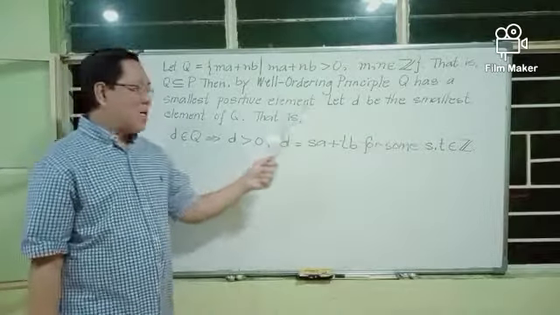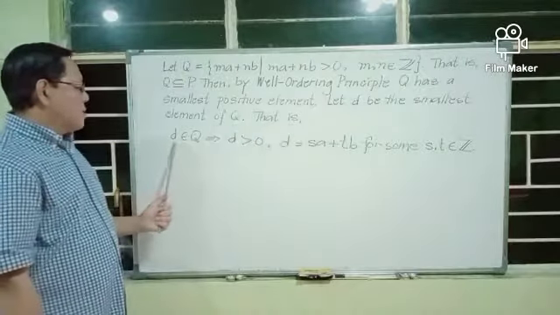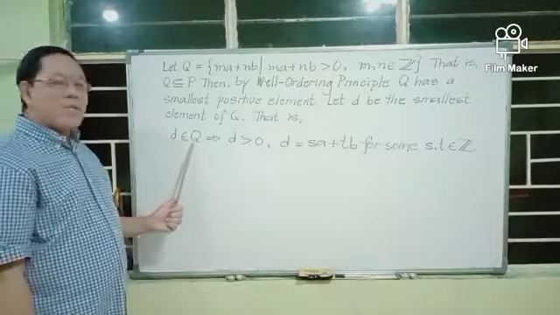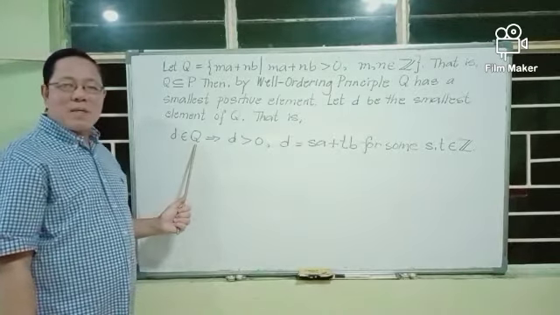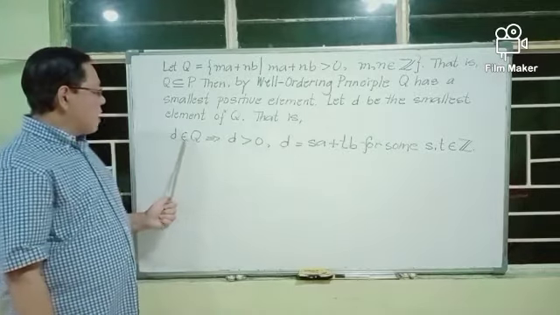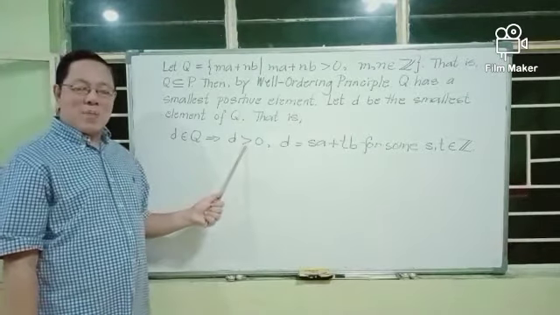Because d is the smallest element of Q, then d must be an element of Q. And it is the smallest element of Q. Because this element of Q, d, must be positive, greater than 0.